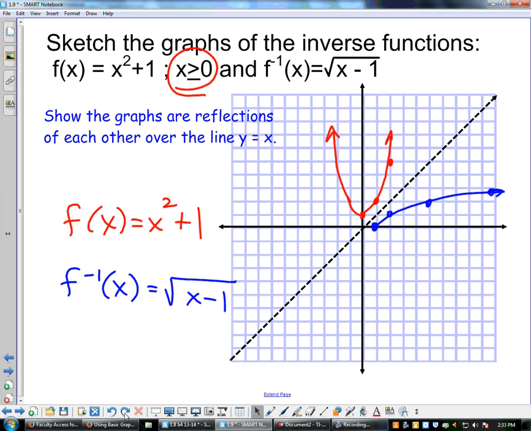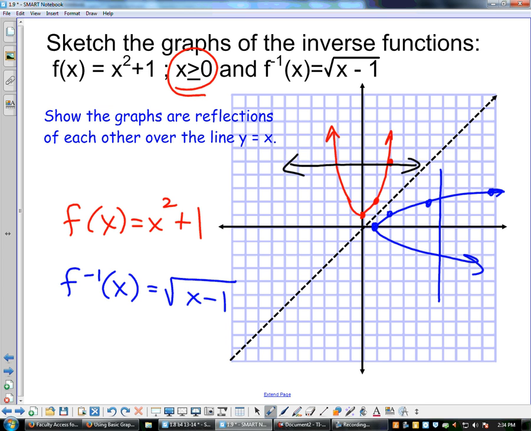If we tried a horizontal line test here, a horizontal line goes through that function's graph in more than one point, which means once we graph the reflection over the line y equals x, it's going to be this full graph here, which is going to fail a vertical line test.